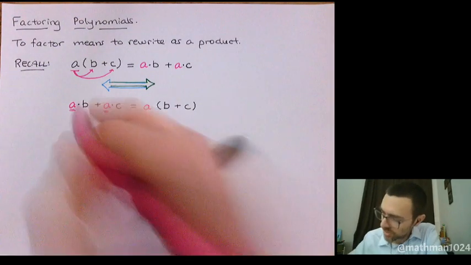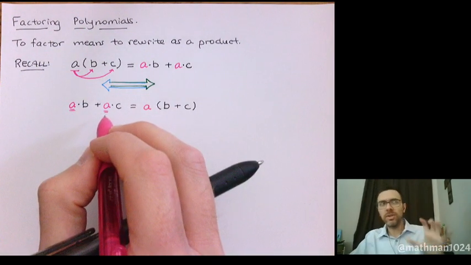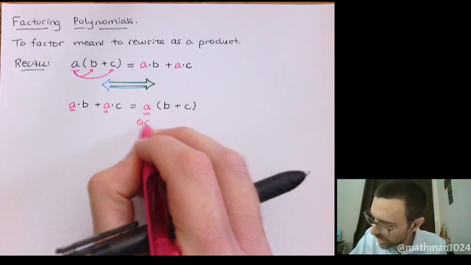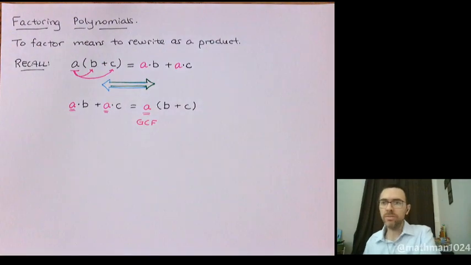So this is the same factor, so that common factor is written out here in front, and this is what we call our GCF, our greatest common factor. Okay?